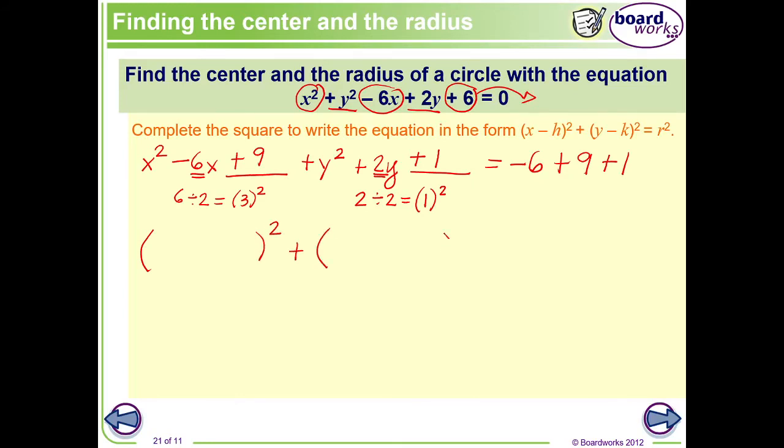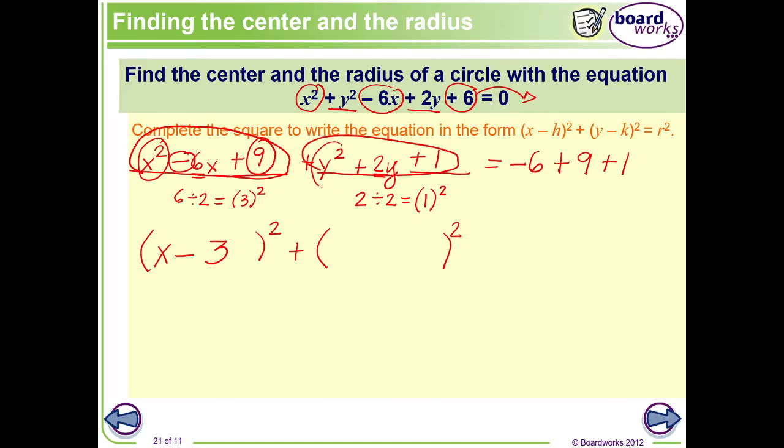Okay, let's start over here. What is the square root of x squared? X. What's the sign of the middle term? Negative. What is the square root of 9? 3. Do the same thing with this one.